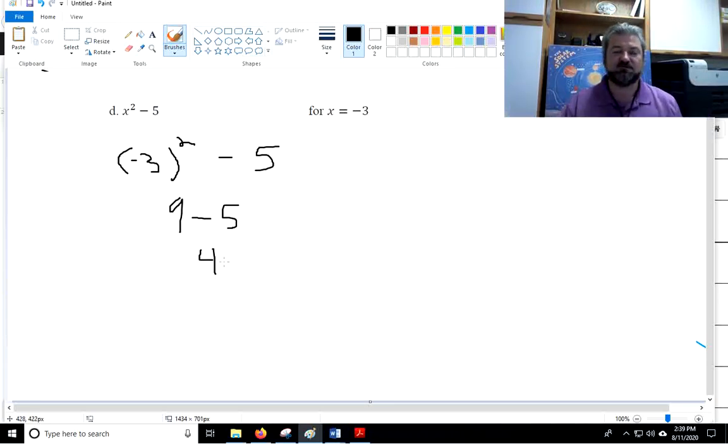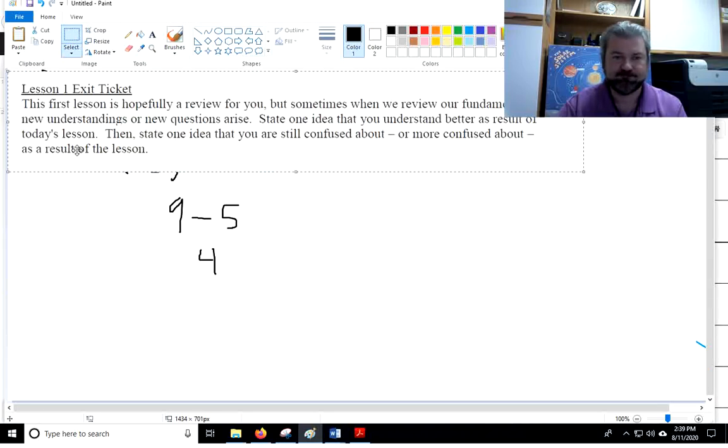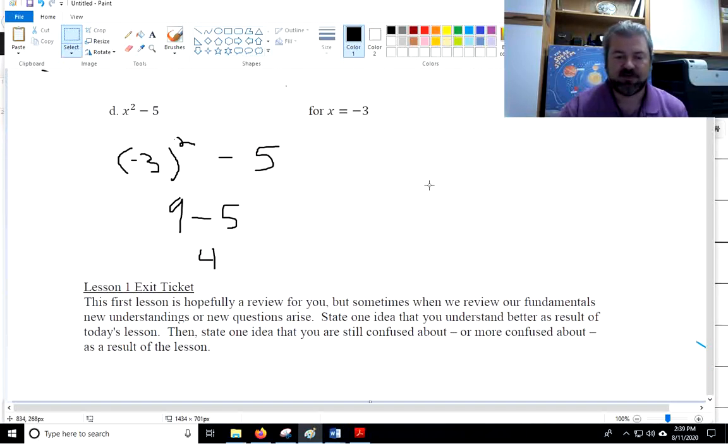Okay, at the end of the notes, there's usually an exit ticket for you to think about. That's for you personally. I want you to take a look at it and see what you can figure out. Today, the exit ticket is that this first lesson is a review for you, hopefully, but sometimes when we review our fundamentals, new understandings or new questions arise.